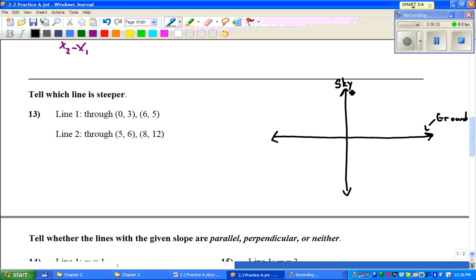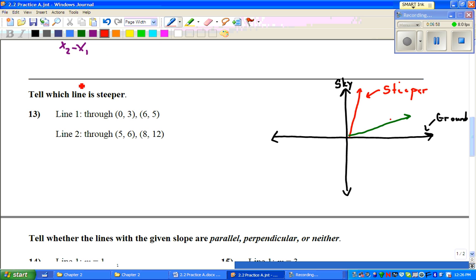Well, what's steeper? This, of you looking straight up this way, or you looking out like this? Obviously, this one right here is going to be steeper, right? Imagine climbing that mountain. What would you rather climb? This one right here, or this one right here? So this one right here is going to have a greater slope, and this would have a less slope.